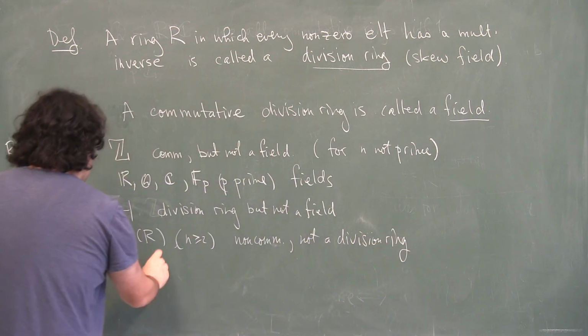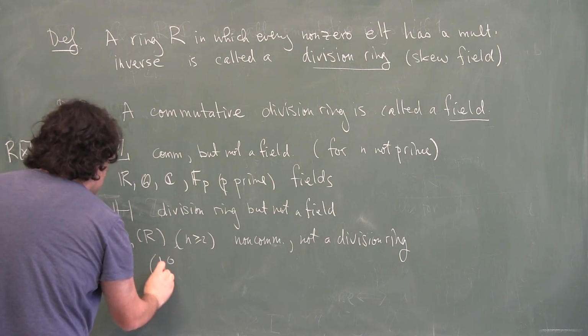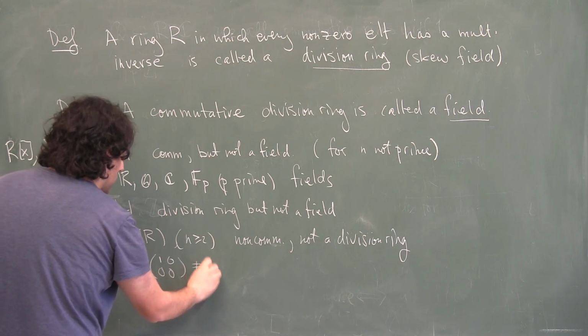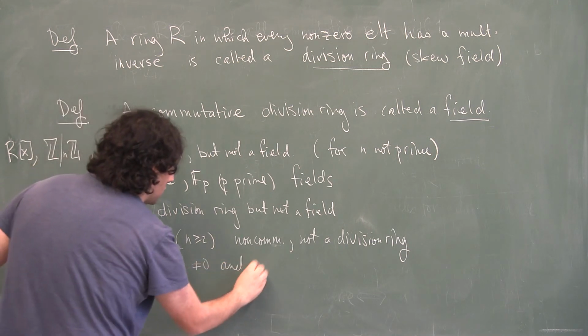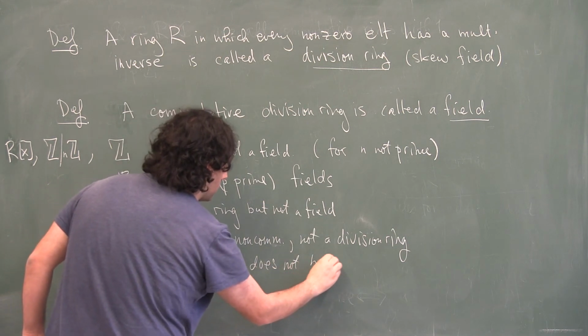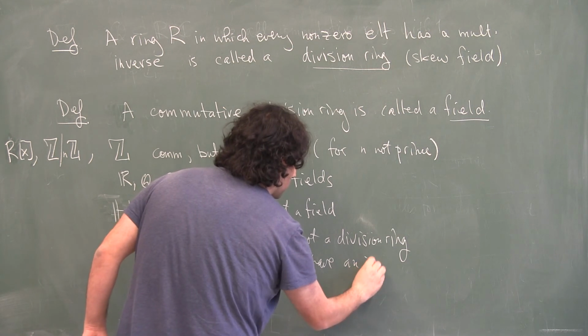Why? So for example, the matrix 1, 0, 0, 0, this is not equal to 0 and does not have an inverse.